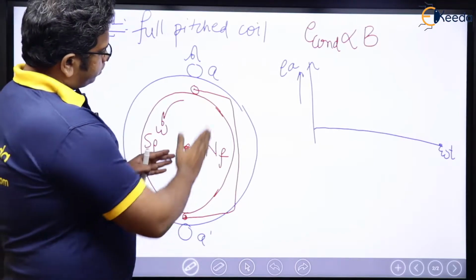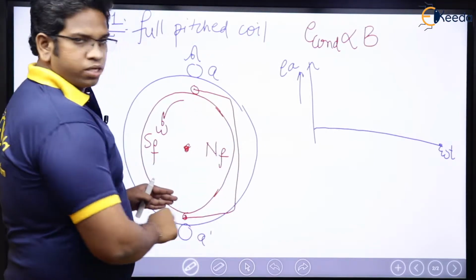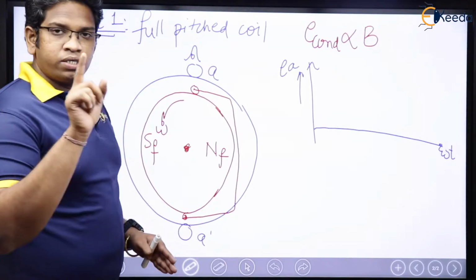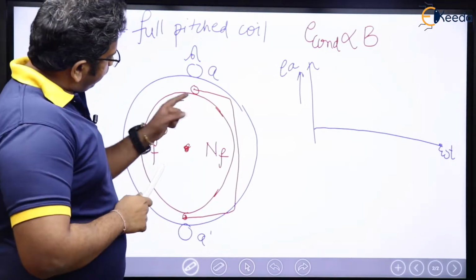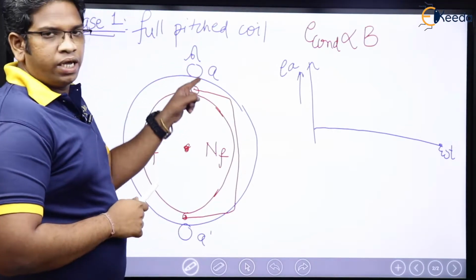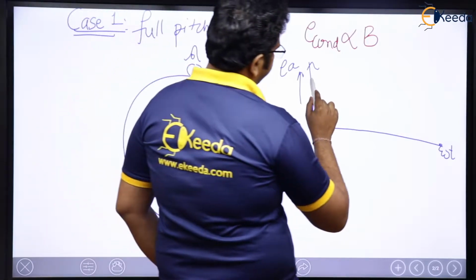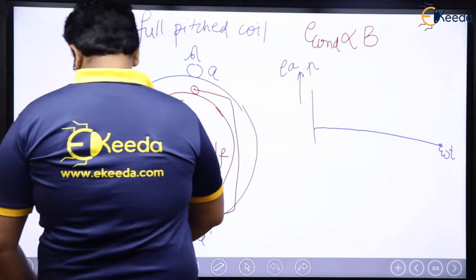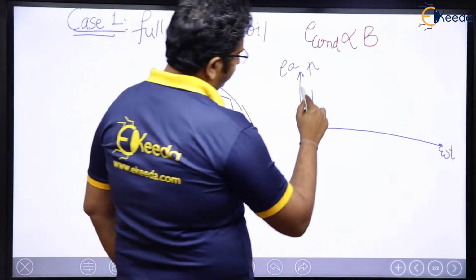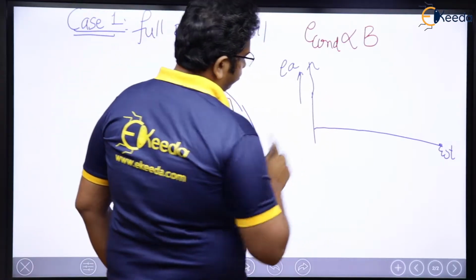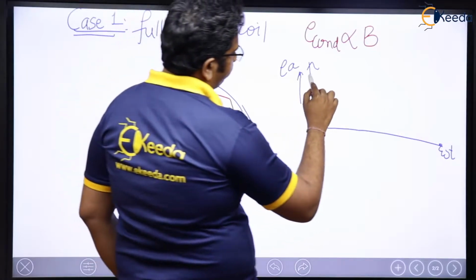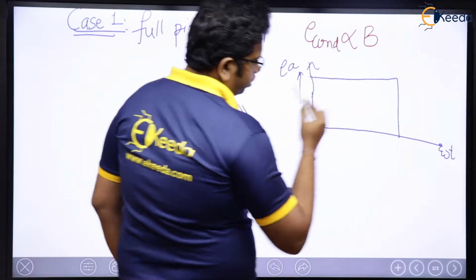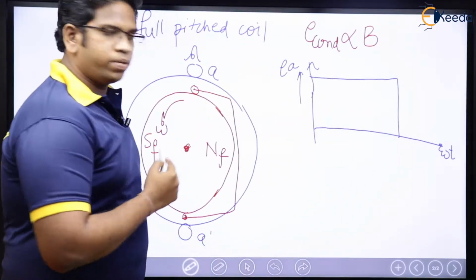Since the MMF distribution is in this single-step fashion, the EMF induced in A will also be single step. So my EA is also going to be single step this way. This is going to be EA.